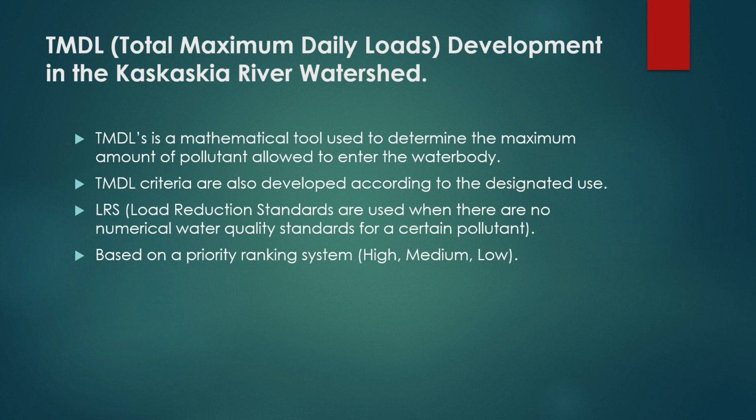Basically, they're mathematical tools used to determine the maximum amount of pollutant allowed to enter the water body. Criteria are also developed according to designated uses, so TMDL criteria are linked to the use of the water body.